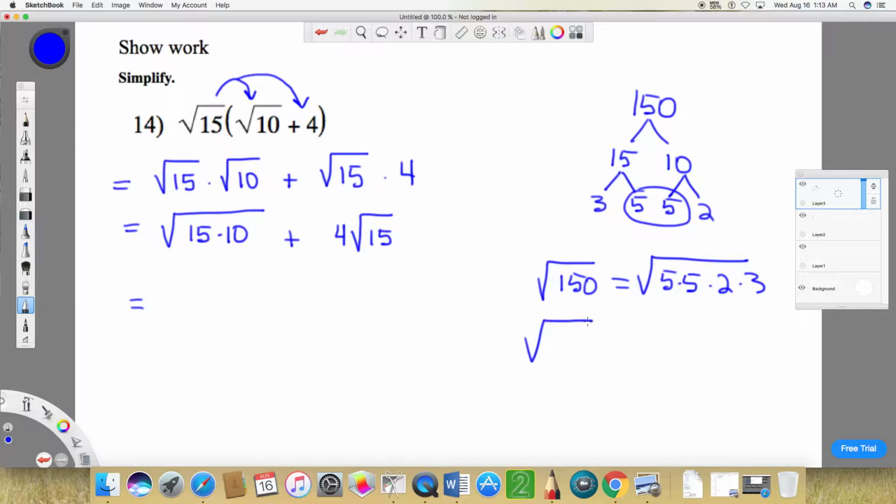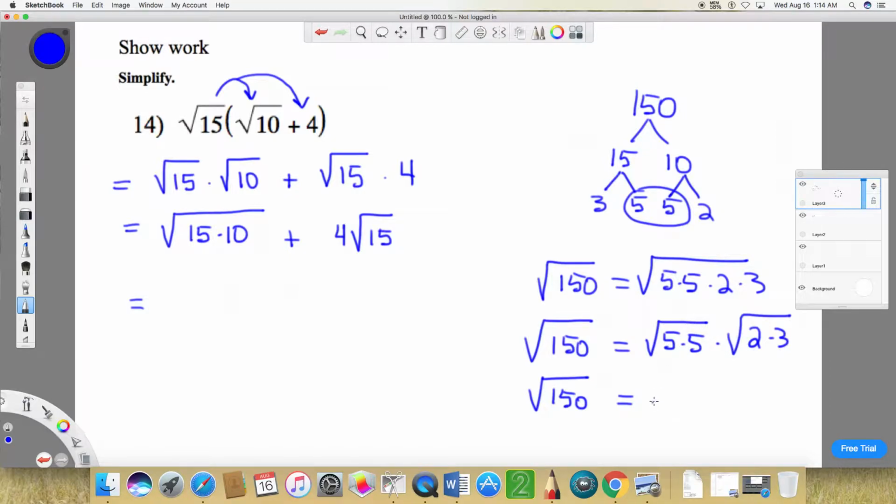One of the properties of radicals, when you have multiplication, is that we can split this into two radicals. We can write the square root of 5 times 5 times the square root of 2 times 3. So the square root of 150, this first factor is just an ugly way to write the number 5. 5 times 5 is 25.